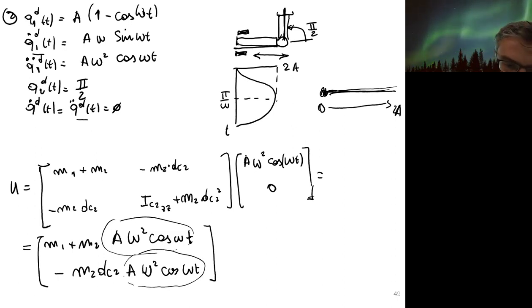And so what can we say about this? This is a force because a prismatic joint will have a sinusoidal shape, and in essence is the force that is needed to accelerate joint one to achieve this motion, okay?